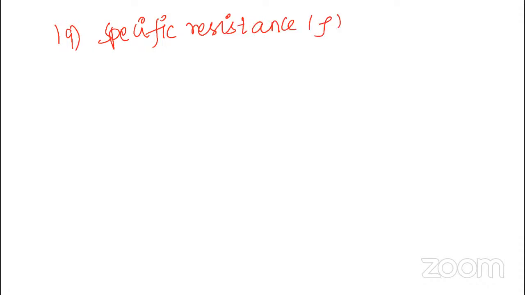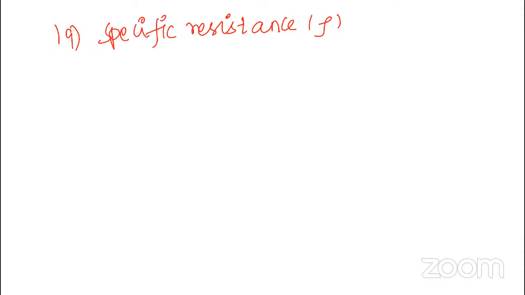Next one, specific resistance. Specific resistance is also denoted by rho. In physics, we are using many of the symbols under the same name. Sometimes density is denoted by rho, and sometimes specific resistance is denoted by rho.